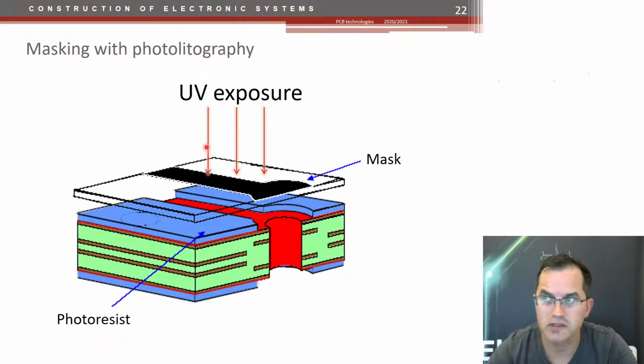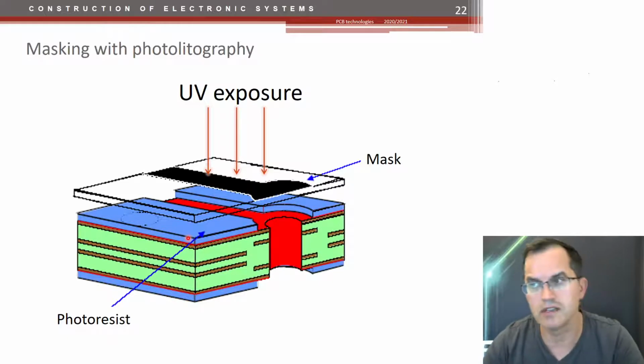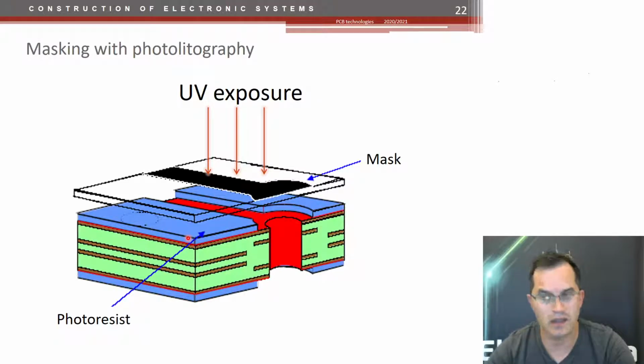Then we mask it, but this time we mask it the opposite. So we expose with UV light, and the photoresistive layer we use is a negative layer.